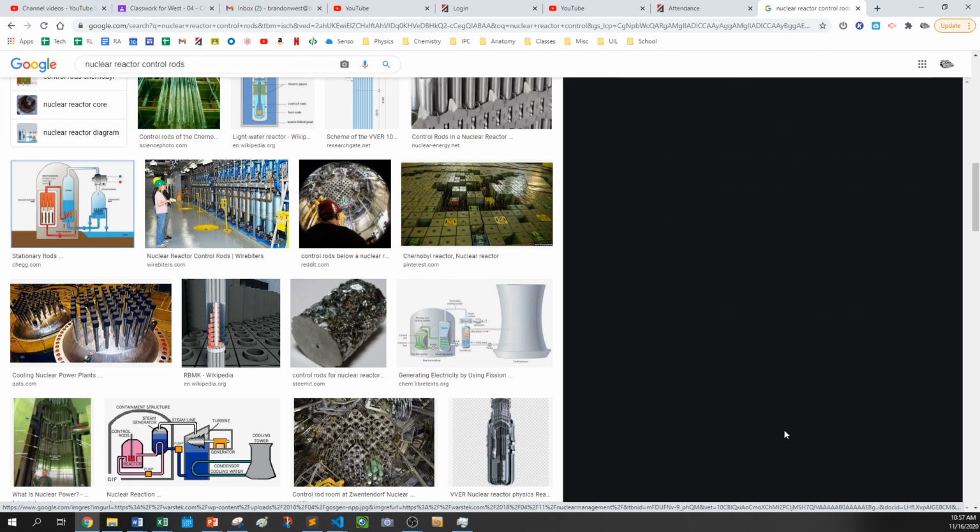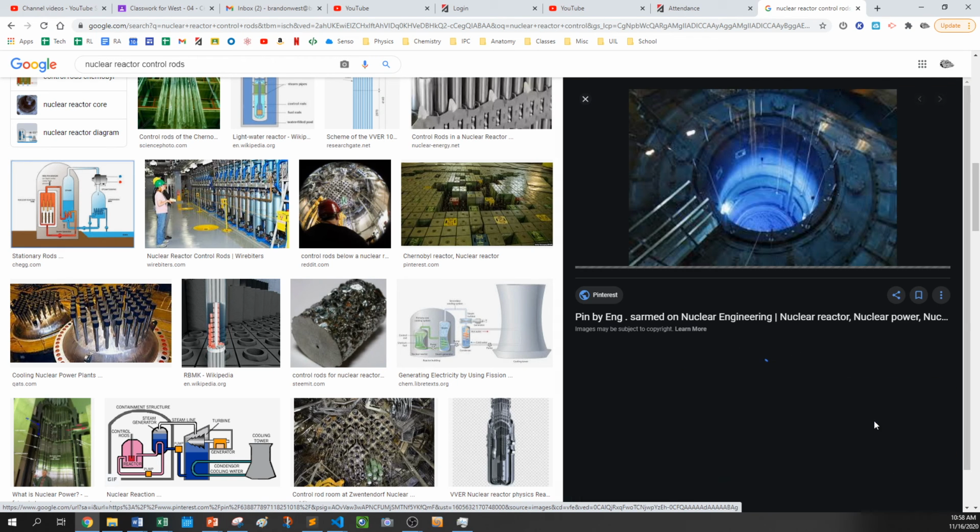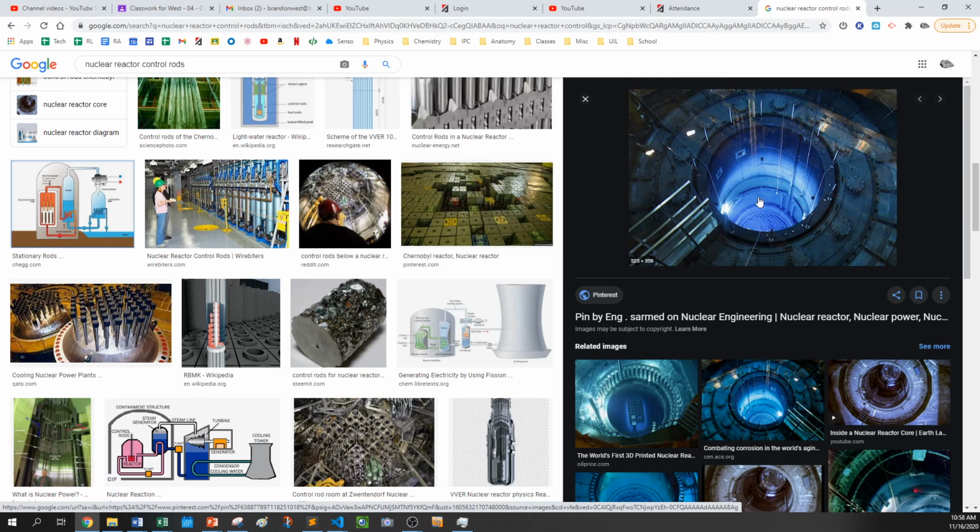Do y'all know why this is blue? Cherenkov radiation. Electrons are going faster than the speed of light. Light is slower in water than it is in air, and because light is slower in water, electrons can move faster than the slower light.